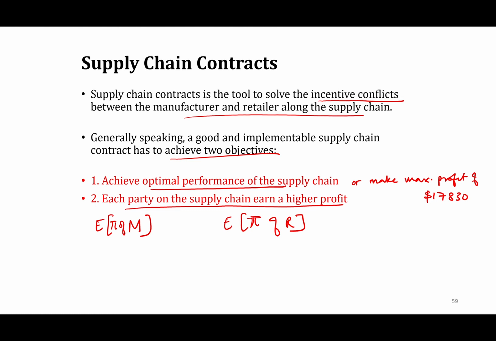Okay, so that's the purpose of implementing a contract. Making a maximum supply chain profit of 17,830, which is the profit from the integrated supply chain. Okay, I represent pi as profits, and each party of the supply chain earns a higher profit.